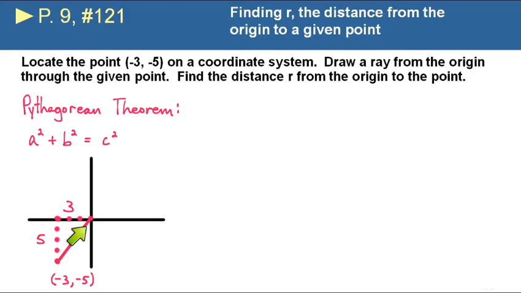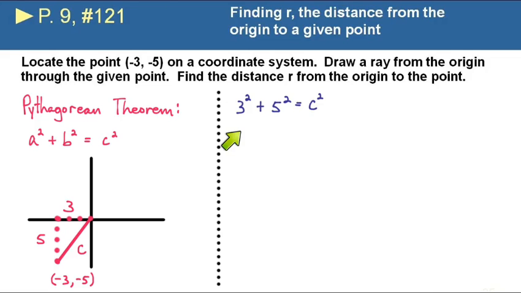Now if I'm looking for this side c, I have to say 3 squared plus 5 squared equals c squared. 3 squared is 9. 5 squared is 25. So 9 plus 25 equals c squared. 9 plus 25 is 34. 34 equals c squared.